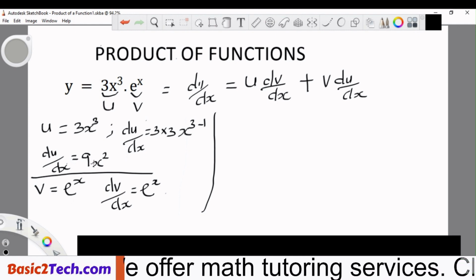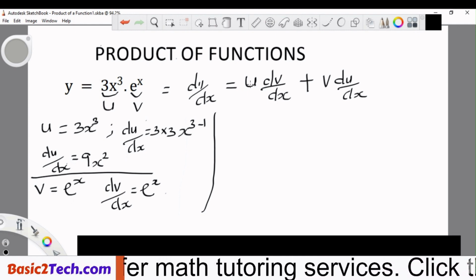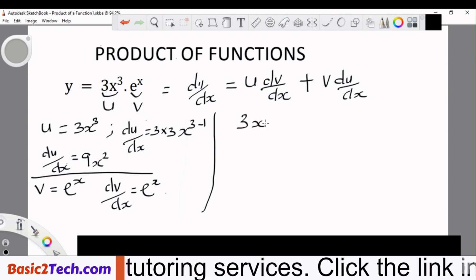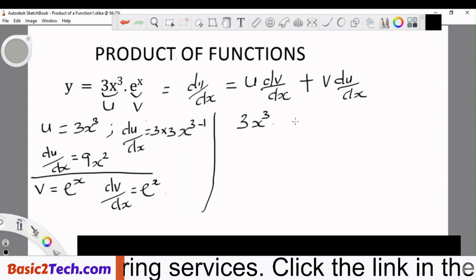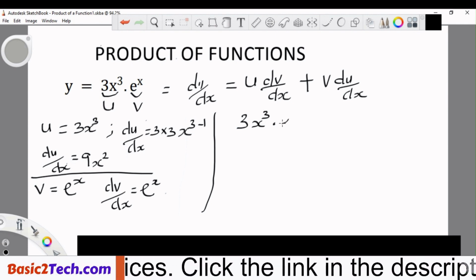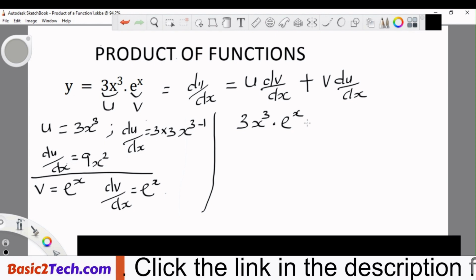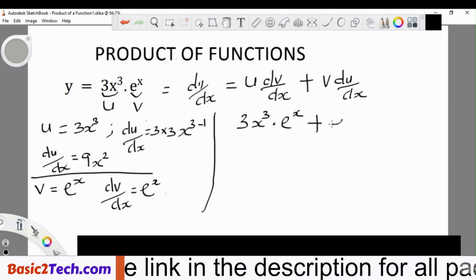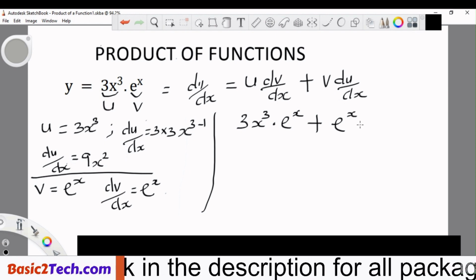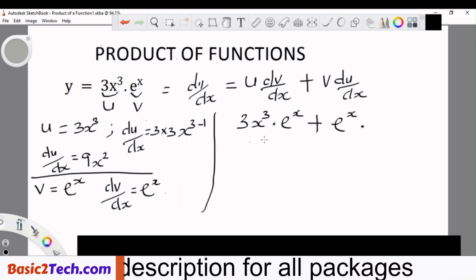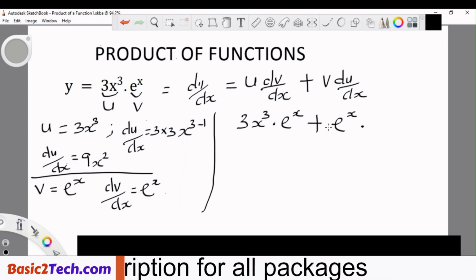So right now we substitute into the equation. So my u is 3x cubed times my dv dx is exponential x, plus my v is exponential x multiplied by du dx is 9x squared.